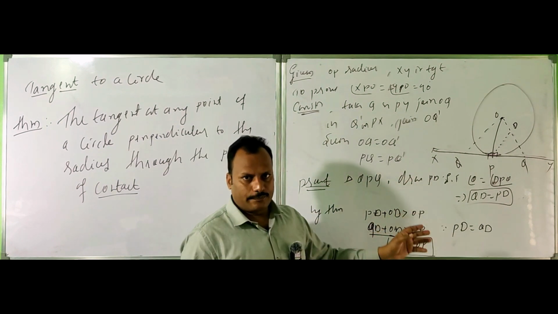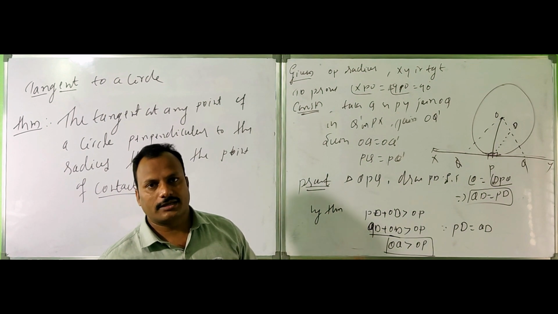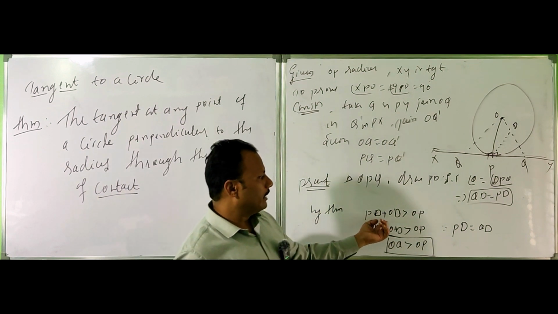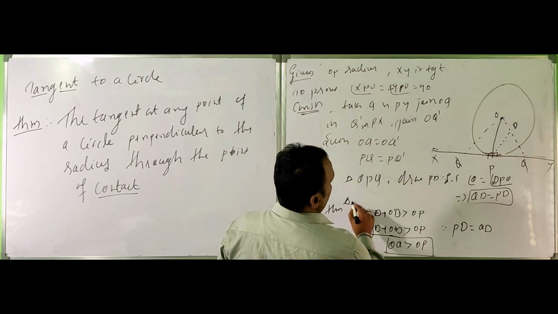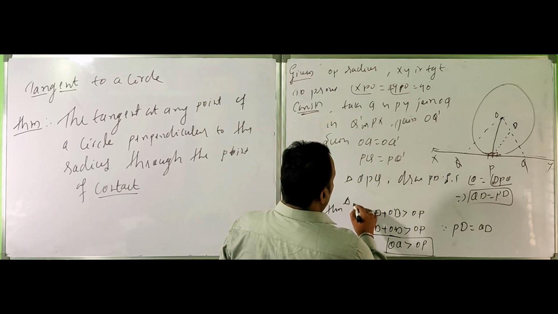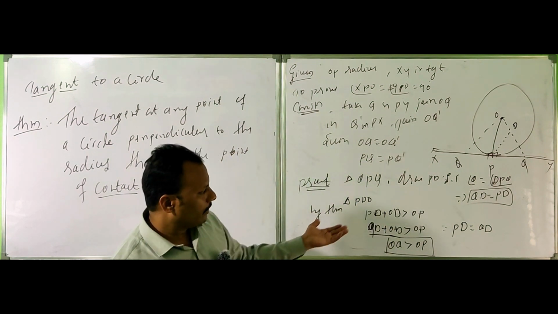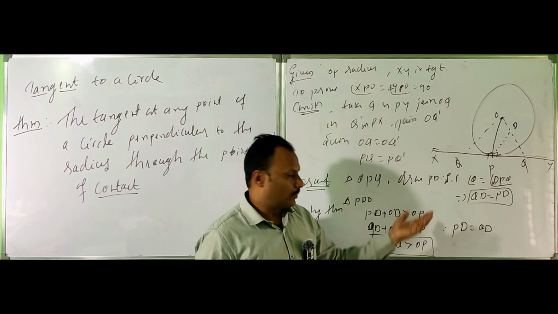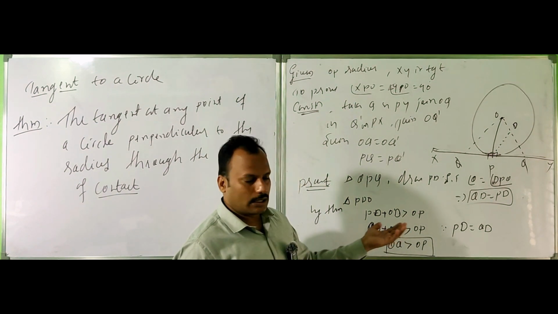From the theorem, in a triangle the sum of two sides is always greater than the third side. In triangle PDO, PD plus OD is greater than OP, and QD plus OD is greater than OP.